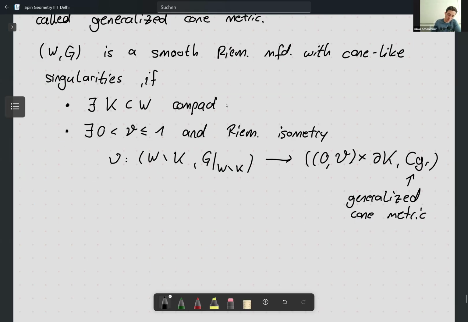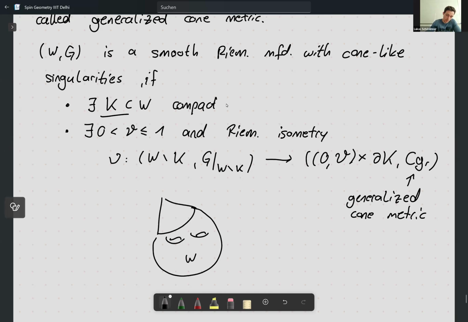And the picture that you should have in mind is, so we have some manifold W, which has a boundary. This is this K here. So this inner part would be K, and there's some cone attached to it.